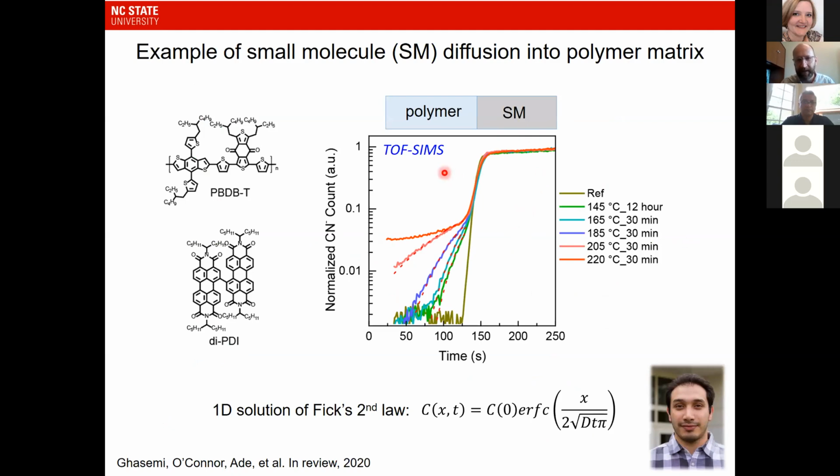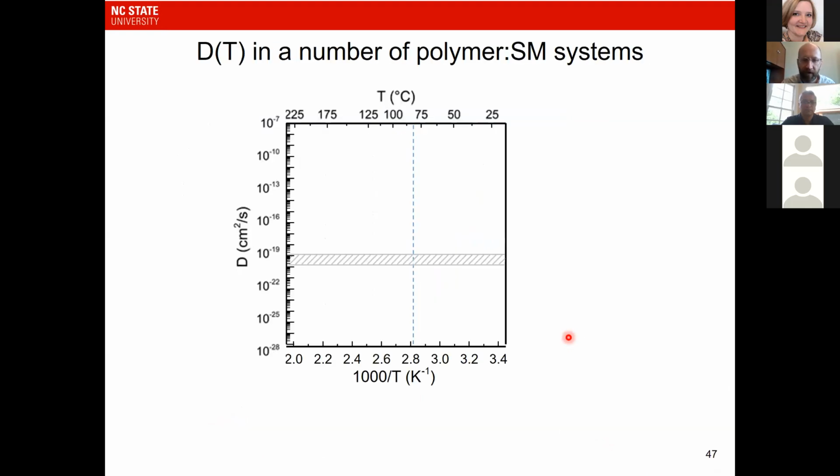And he did this with time-of-flight SIMS, where he takes a bilayer, so he takes the polymer and small molecule and doesn't blend them, but just makes a sandwich structure, heats it up and watches the small molecules diffuse into the polymer, gets the concentration profile of that small molecule, fits it to the 1D solution to Fick's second law of diffusion, and gets the diffusion coefficient. And so from that, you can get the expected rate of diffusion of the small molecule in that blend. And so he did this again for a range of polymers and small molecule systems.